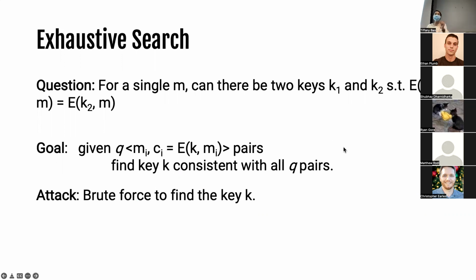If there is a plain text, we call it M, and there are two different keys, K1 and K2, and we use the two different keys to encrypt the same plain text, how likely is it that the ciphertext will be the same?